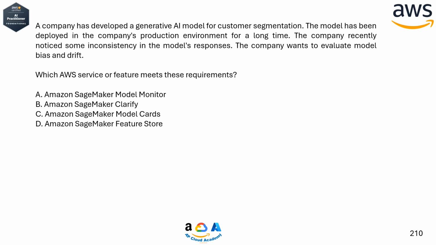A company has developed a generative AI model for customer segmentation. The model has been deployed in the company's production environment for a long time. The company recently noticed some inconsistency in the model's responses. The company wants to evaluate model bias and drift. Which AWS service or feature meets these requirements?